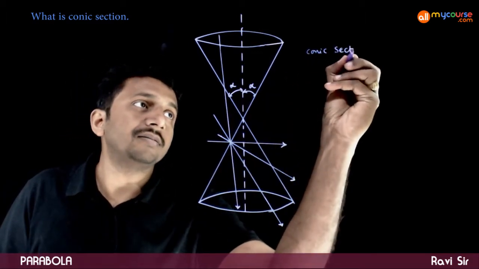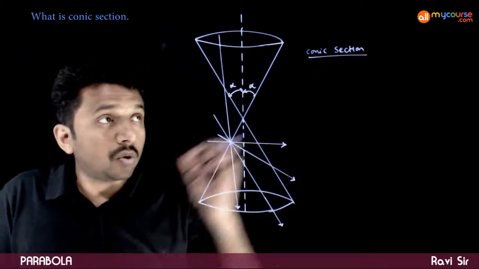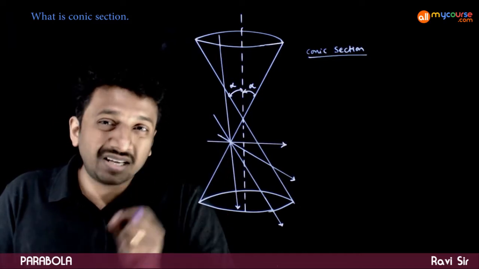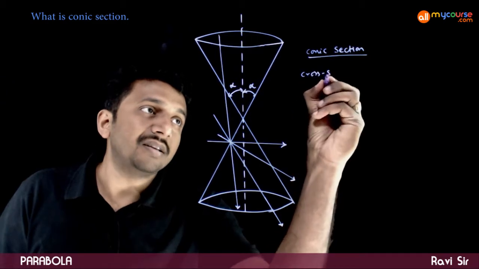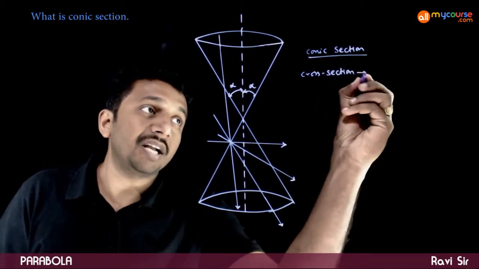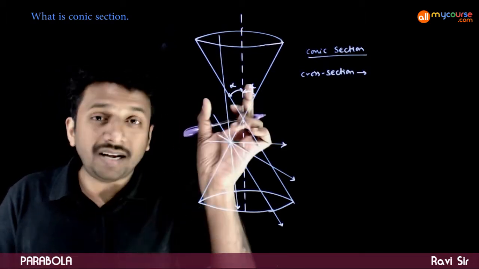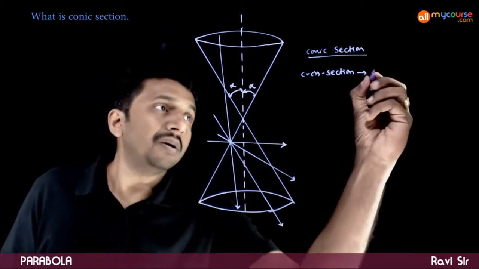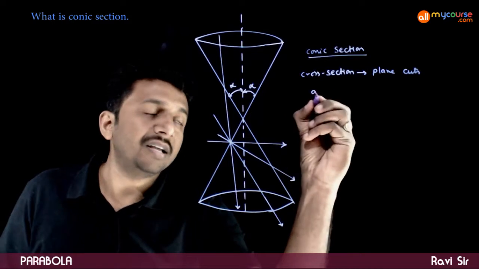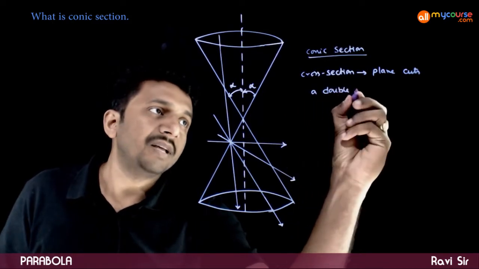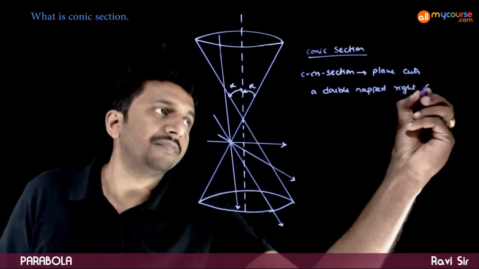Conic section. As the name suggests, a conic section is the cross section that we obtain when a plane cuts a double napped right circular cone.